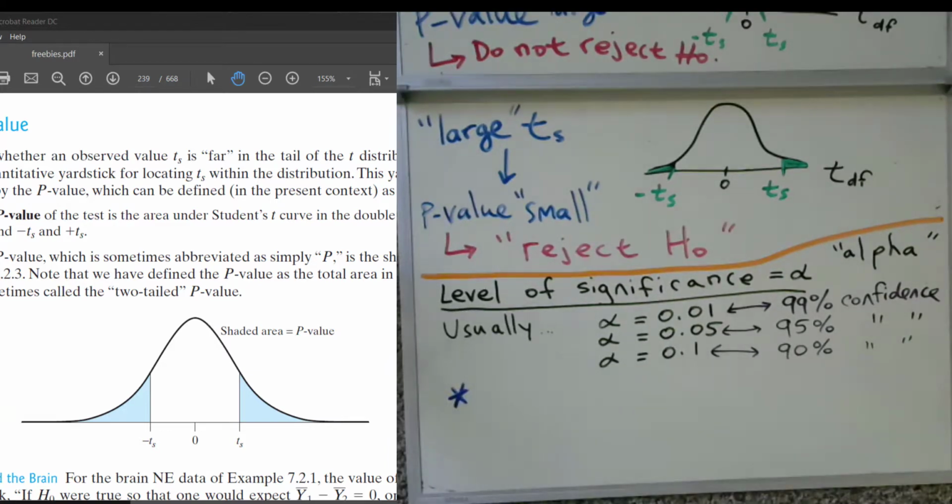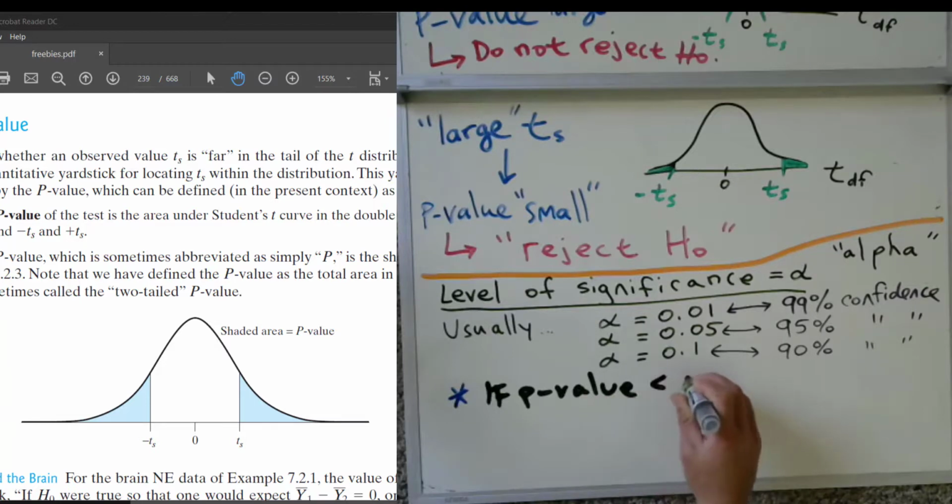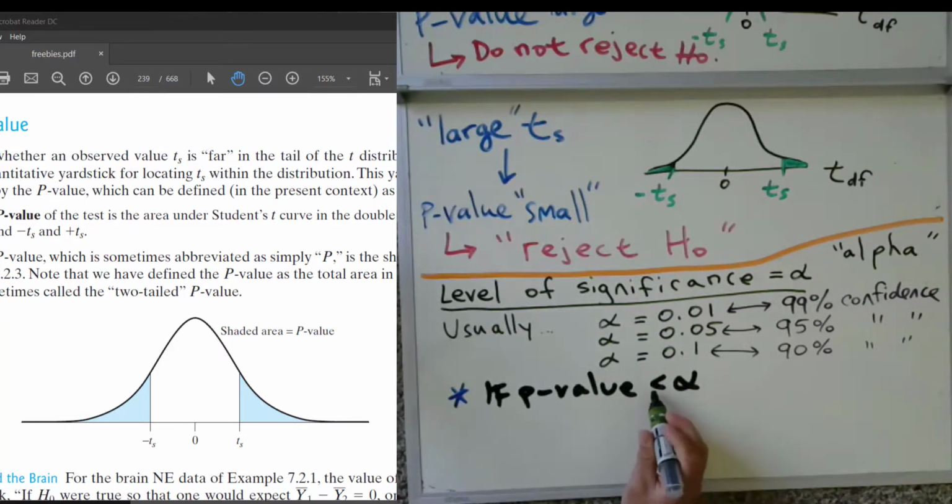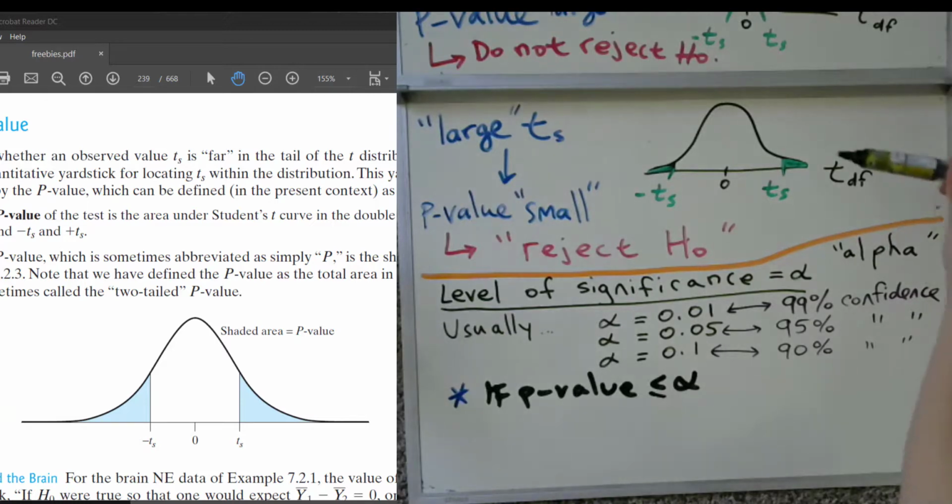We use this significance level to compare the p-value to. If the p-value is small, p-value, I believe it's less than or equal to alpha. Alpha is small, so if the p-value is alpha or smaller, then we must have had a large test statistic.